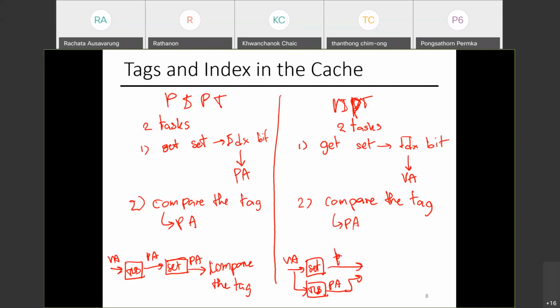Then compare the tag. So it's a three-step process, but step 1 and step 2 can be done at the same time.